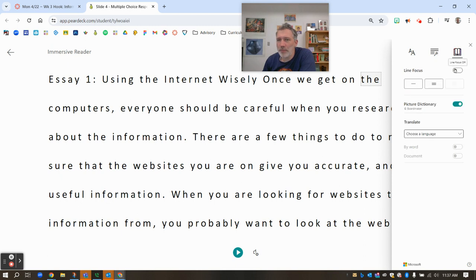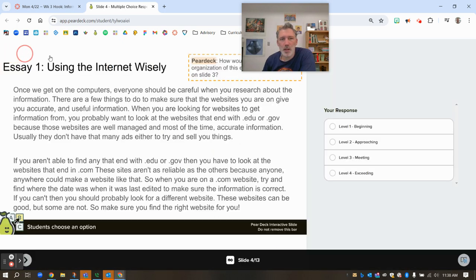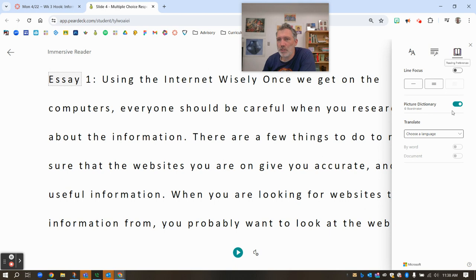You can also have it translate into another language. So if you want to translate the essay into Spanish or another language and then have it read aloud, the immersive reader can do that. When you click back out of the immersive reader, you're back on the Pear Deck slide. So use the immersive reader to have it play out loud or to have it translated into a different language.